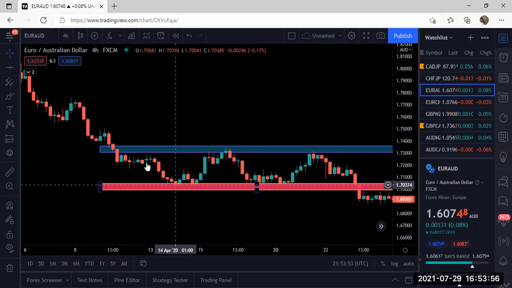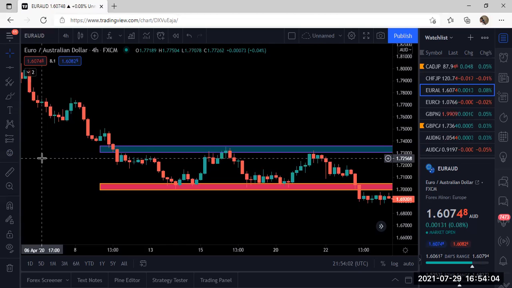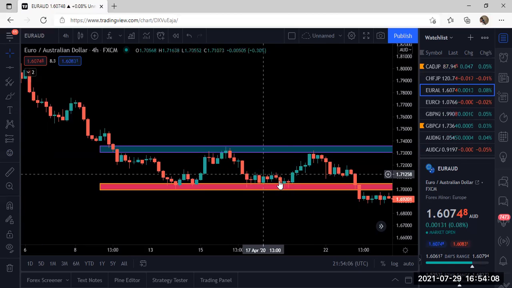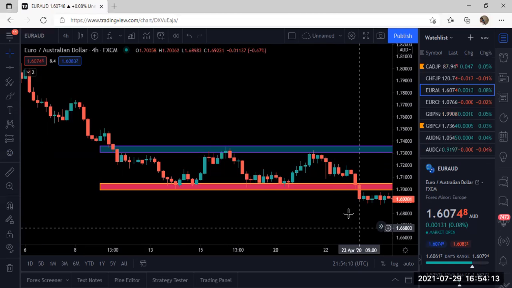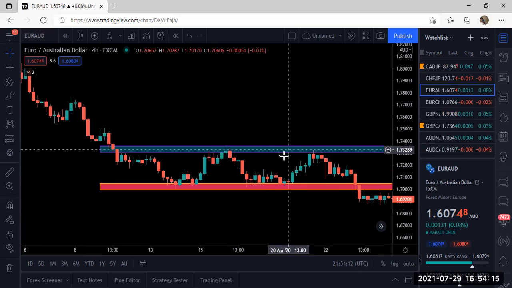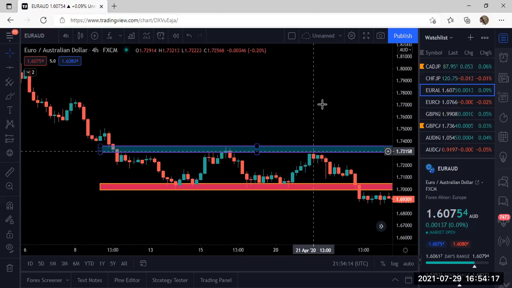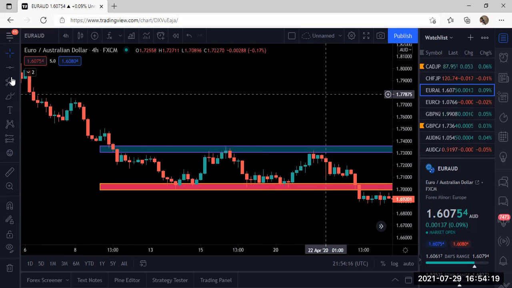Every time a support or a resistance is tested multiple times, that support or resistance gets weaker and weaker and weaker, which means one more test on the support can cause price to break through the support, okay? One more test on the resistance can cause price to break through the resistance, okay?